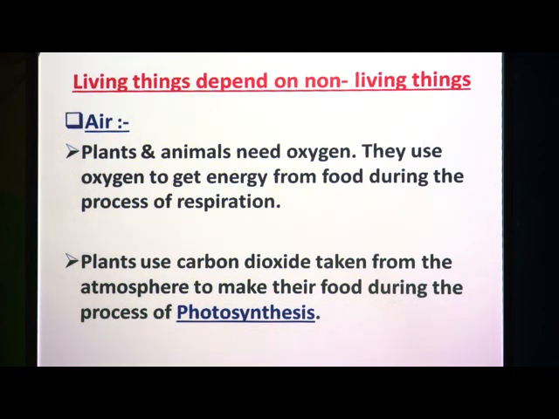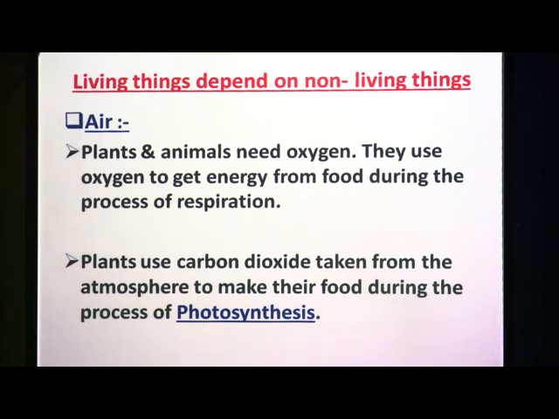And during photosynthesis, what happens? They take in carbon dioxide and give out oxygen, and this oxygen is again used by plants and animals for respiration.